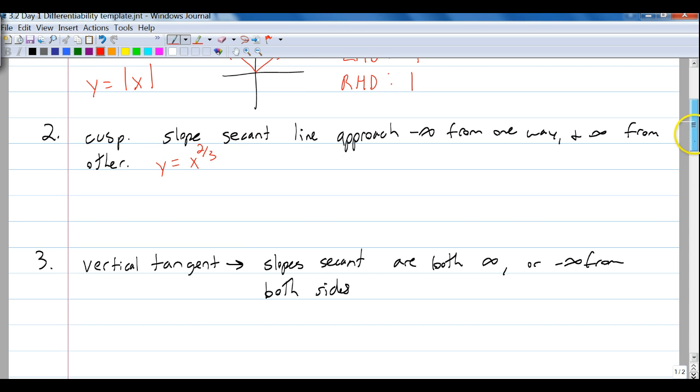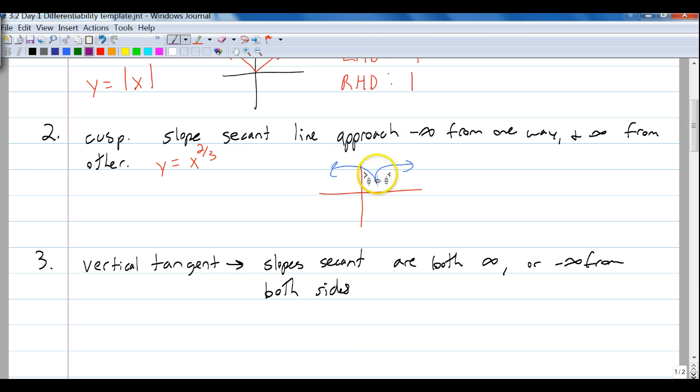This is just a random graph, so I'm going to shift it off center here just to show you what it looks like. So a cusp looks something like that. It almost looks like a V, but it's more curved.